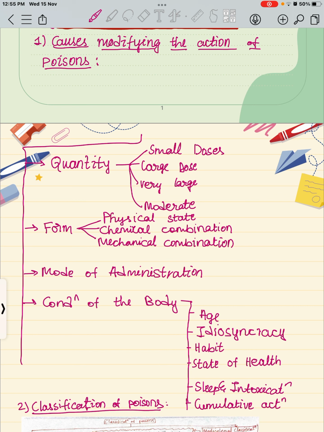If taken in a very large dose, it causes shock without causing irritant symptoms. And if the same drug is taken in a large dose orally, it gets rapidly eliminated and has no toxicity.